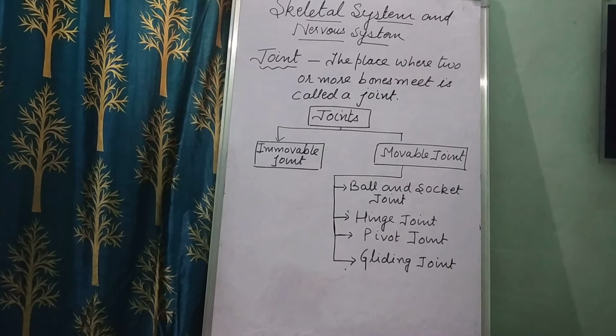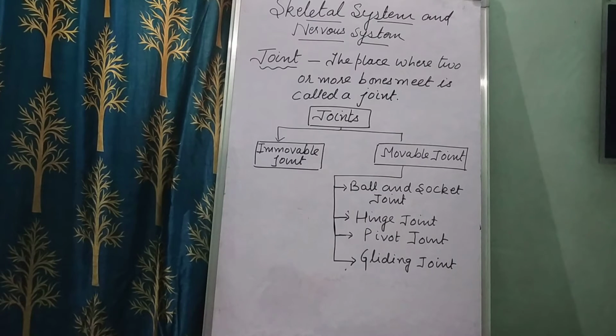So children, an immovable joint is a type of joint between the bones in which there is no joint cavity, and very little or no movement is possible under normal conditions. In an immovable joint, the two or more bones are in close contact but no movement can occur.